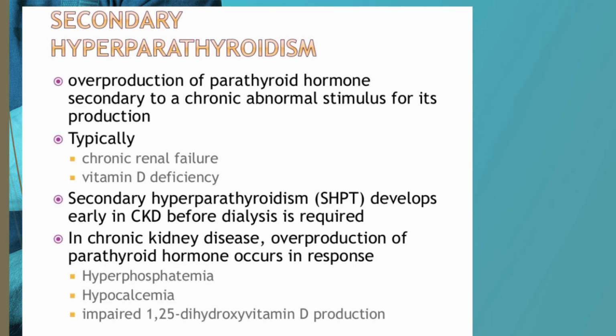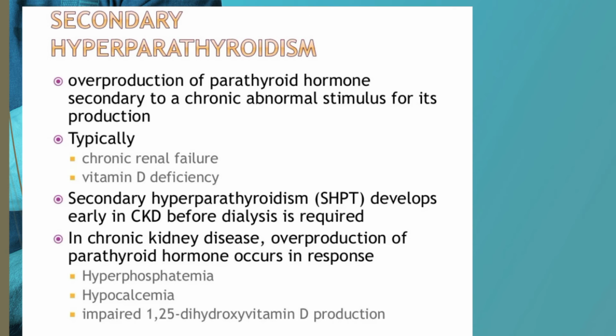So for the secondary, the glands are normal, but there's overproduction of this hormone due to another stimulus. It's always secondary to something else. It can be because of chronic renal failure or vitamin D deficiency. Vitamin D deficiency comes about in instances where one is malnourished or lacks sun exposure, and many other causes.